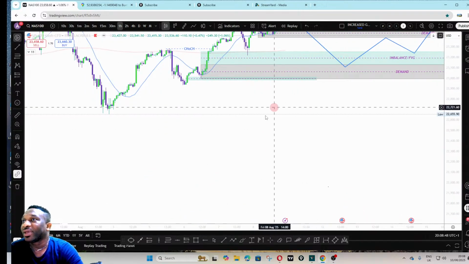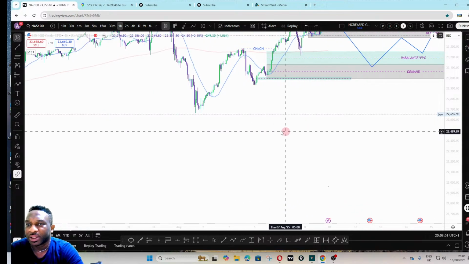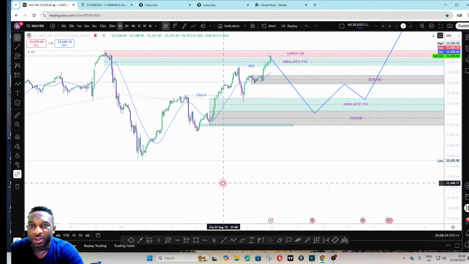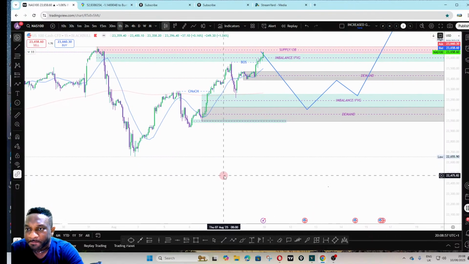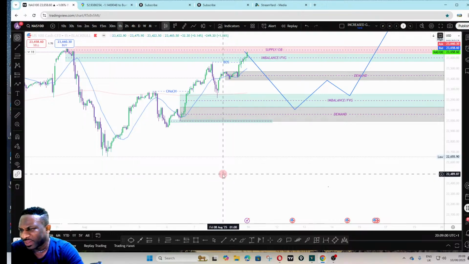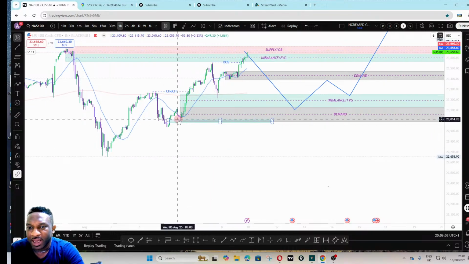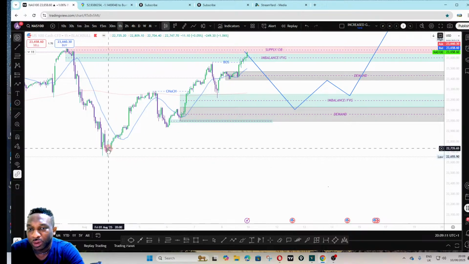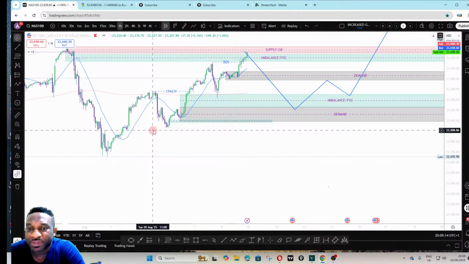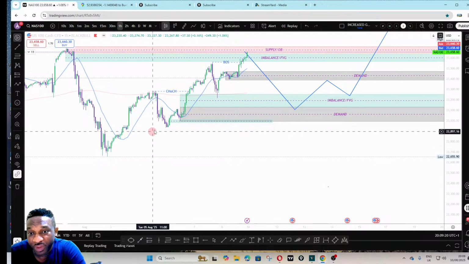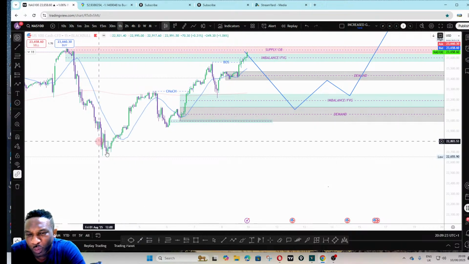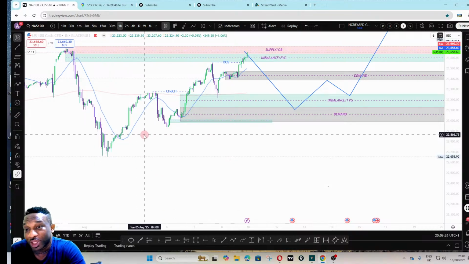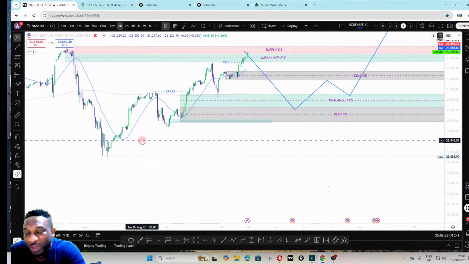Okay, I think that's how much we can take for today. This is on NAS. Just as I think I explained last week, NAS and SPY more or less move together. In a situation where NAS has created a lower low, and maybe SPY or S&P 500 is not following what NAS is doing, it gives you indications of what is bound to happen.